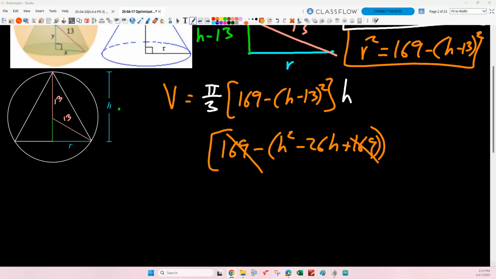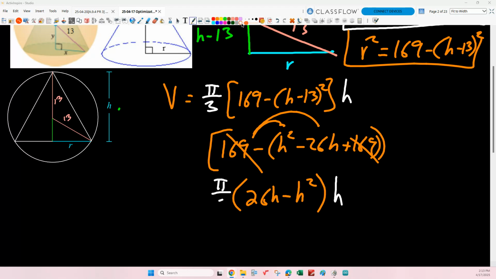Right, so I'm really just going to get 26h minus h squared when I distribute that negative. Yeah, so that's what I get from all the orange stuff. And then that's being multiplied by h and by pi thirds. And that's volume as a function of h.